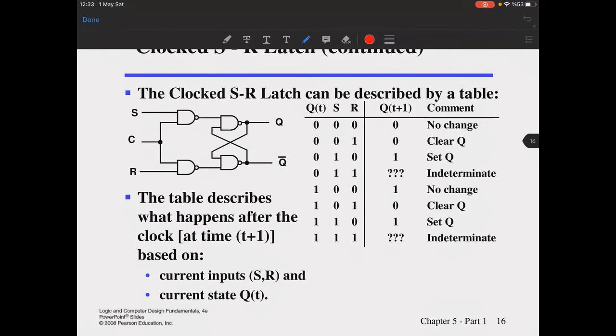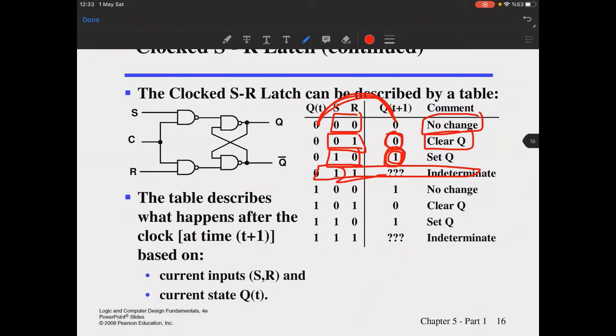What you see here is, okay, you will have set reset 0, it's no change state, see, no change, and this one means clear or reset. You see it is strictly set to 0. This is set state, so it is strictly set to 1, and this one is forbidden.